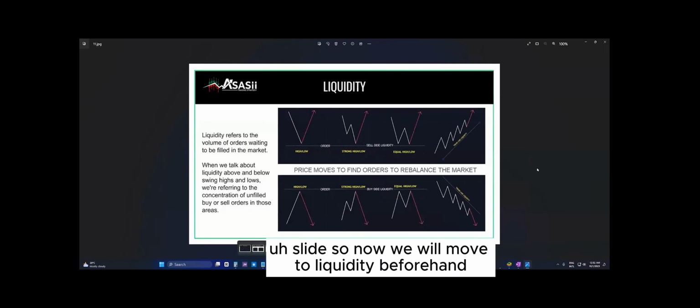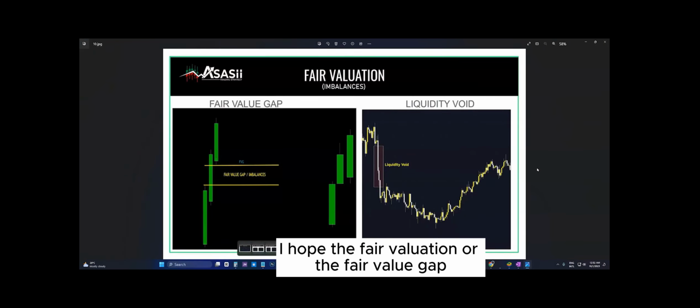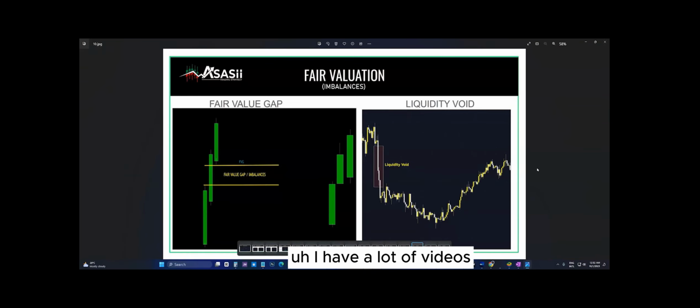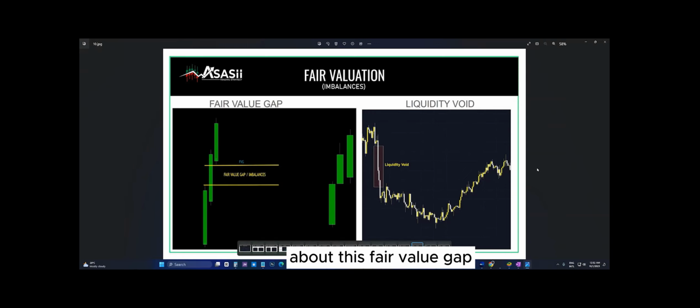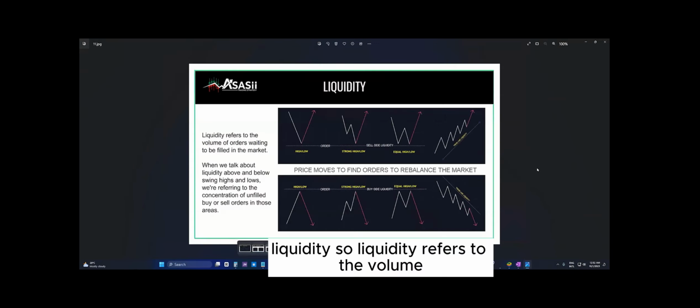slide. So now we will move to liquidity. Beforehand, I hope the fair valuation, or the fair value gap, and imbalances will be clear to you. I have a lot of videos, I think one or two videos on this YouTube channel about this fair value gap. Liquidity. So liquidity refers to the volume of orders waiting to be filled in the market.